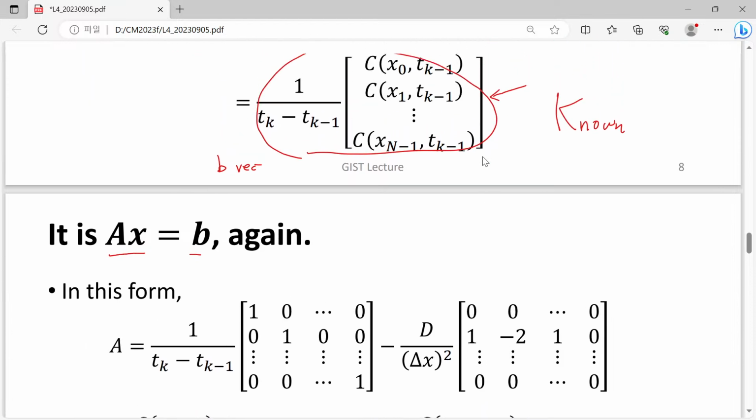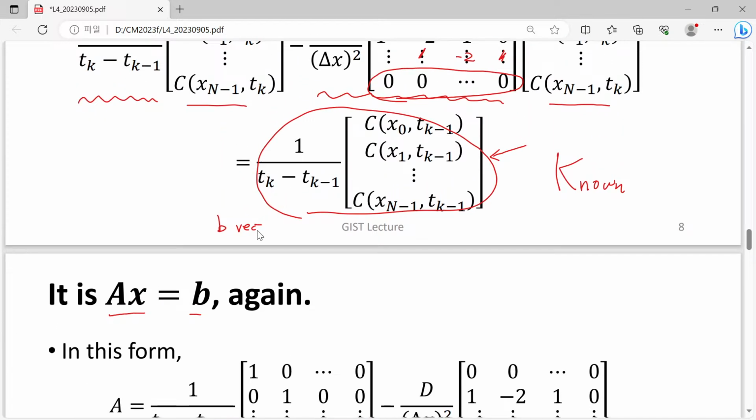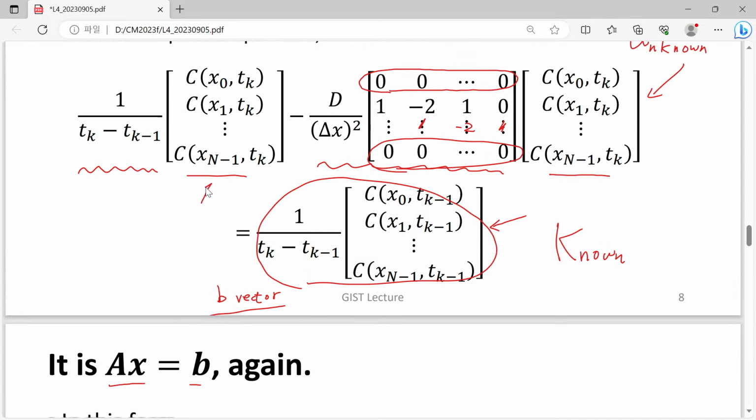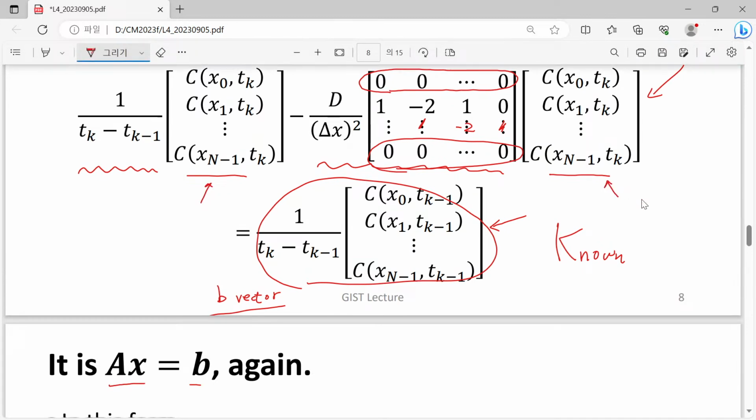Now we can say that this can be regarded as our B vector, the known vector, and this one and this one are the same, and they can be treated as the X vector.